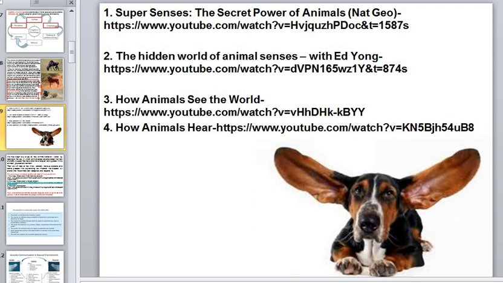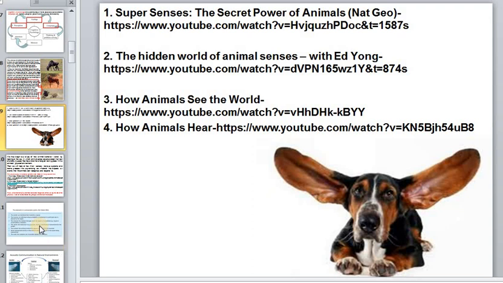I will focus on the differences in superpowers that will determine the behavior of the animals, for example, why an animal is active at night and not in the daytime.